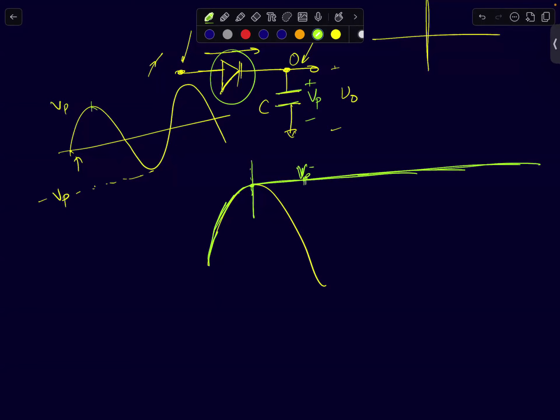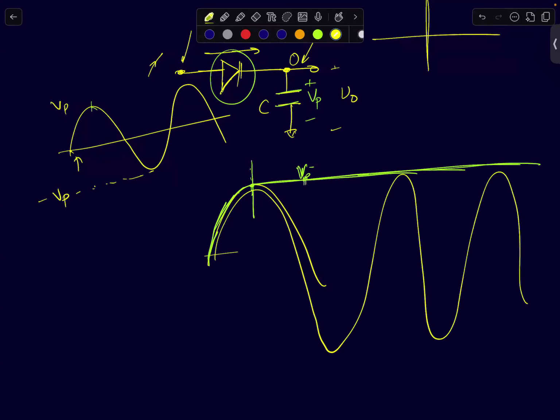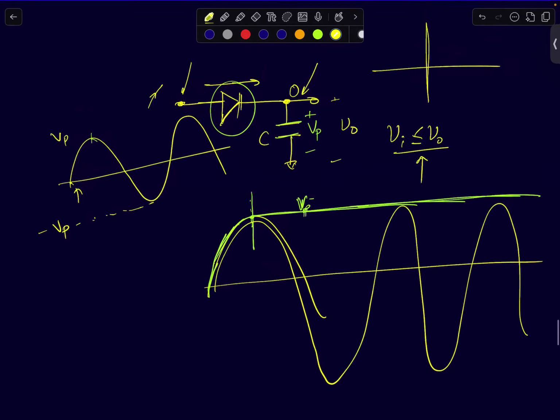Your input will keep oscillating between positive and negative values. But if you see, Vi is always less than or equal to V0. Your input never exceeds the output voltage. And therefore, your diode will always be cut off and the capacitor will always store a voltage of V peak.